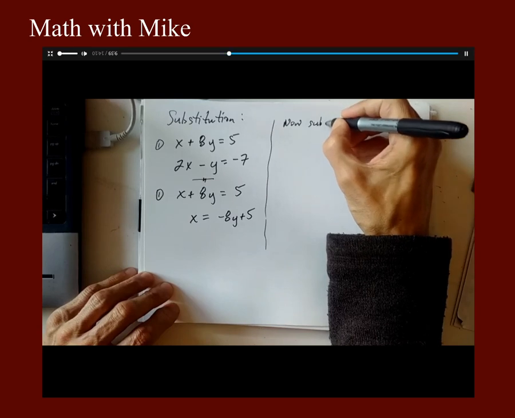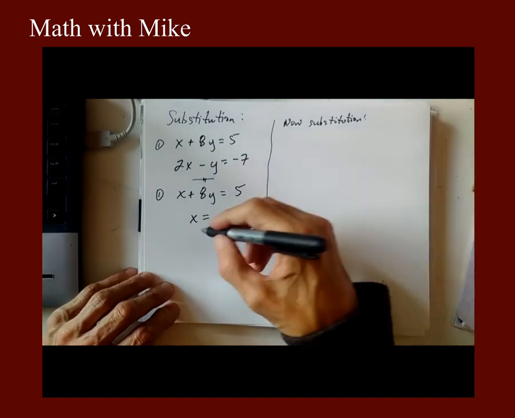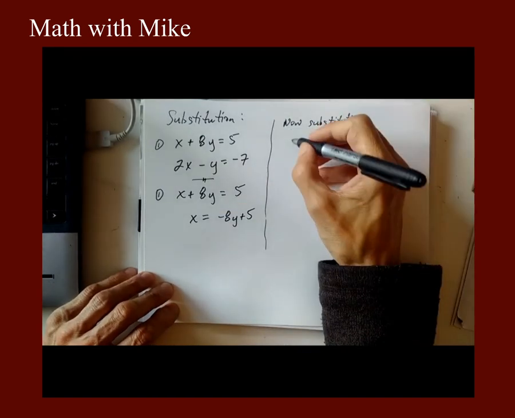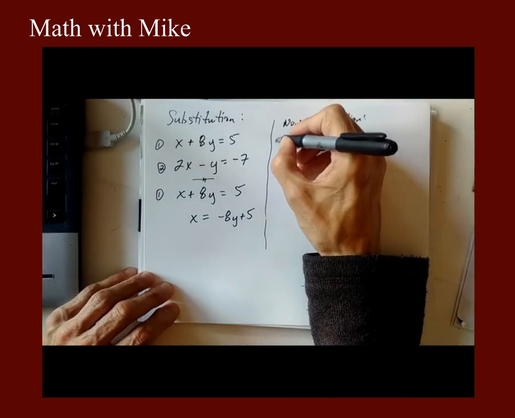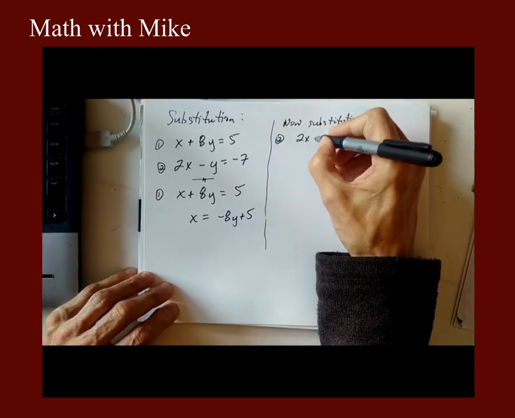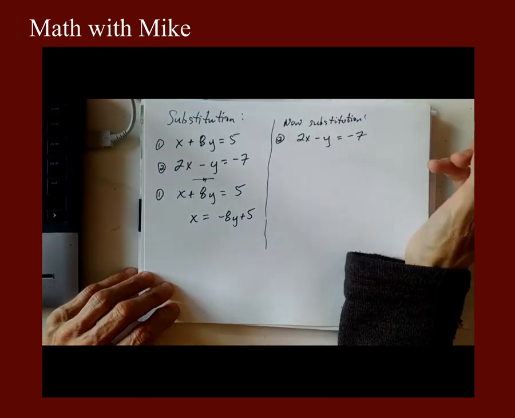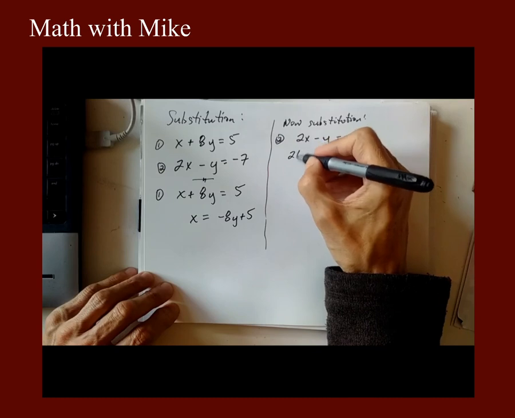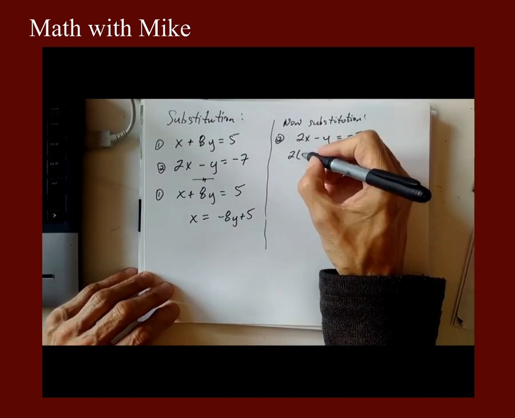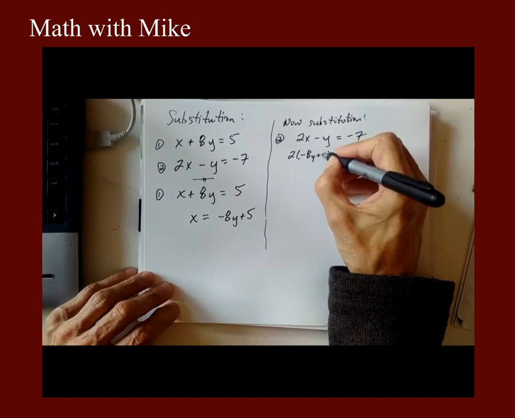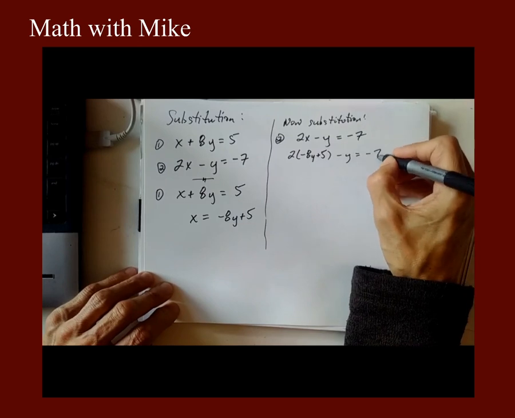We're going to substitute the x. So that's equation 2. So now using equation 2, we have 2x minus y is equal to minus 7. So since x is the same thing as minus 8y plus 5, we put that in there. Subtract y, equals minus 7.